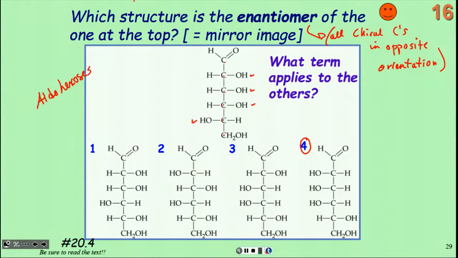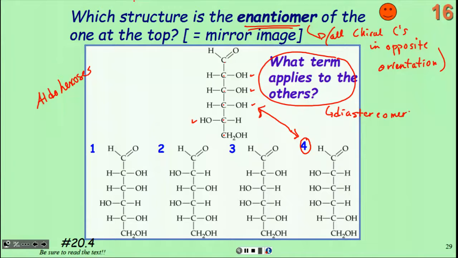And only these 2 are enantiomers. But for the rest, what term applies to the other ones? If they're not enantiomers, they are diastereomers. So the compound at the top with 1 or 2 or 3 are diastereomers. Wow, these take some practice.